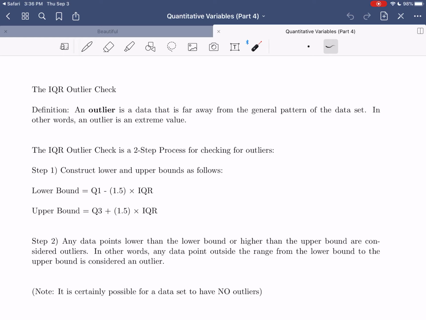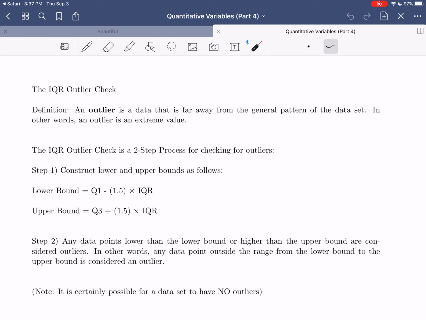If you have a bunch of data points in the hundreds and you have a data point that's 200, it might be a little bit harder to tell, does that really classify as extreme? So we're going to use the IQR for a process for checking if there are outliers in our data set. You might ask yourself, why do we choose the IQR as a way of doing this? Well, remember, the IQR is resistant, which means that it won't be greatly impacted if there are extreme values, which is great, right?